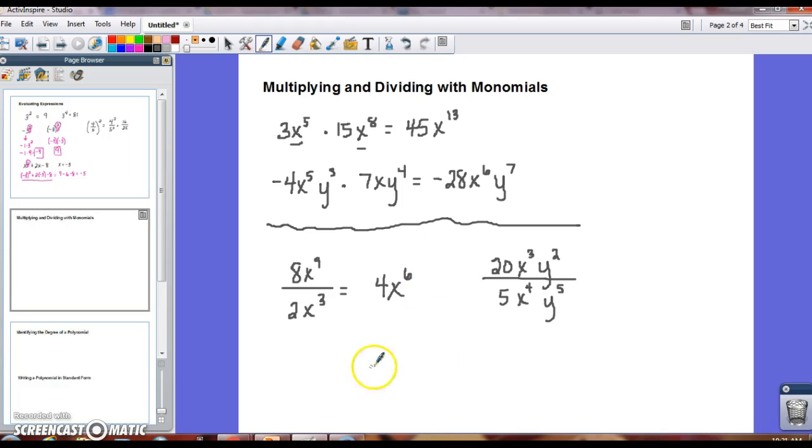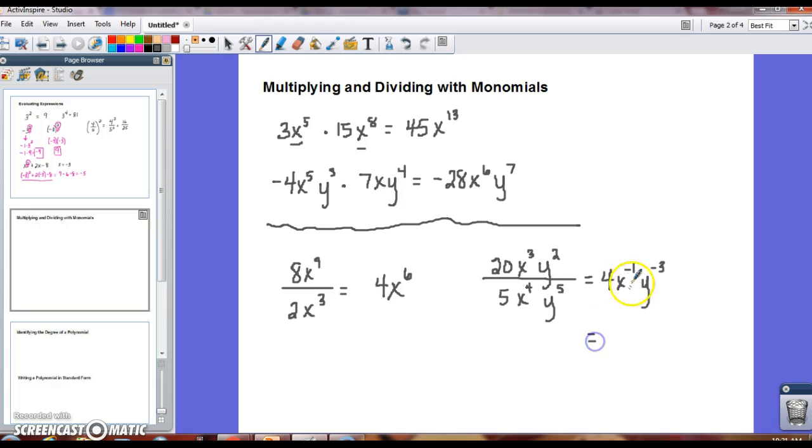Remember you are subtracting your exponents. So first we're going to divide these numbers. So 20 divided by 5 would give me 4. x to the 3rd divided by x to the 4th would give me x to the negative 1. 3 minus 4 is negative 1. 2 minus 5 is negative 3.